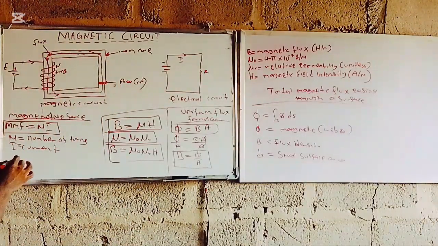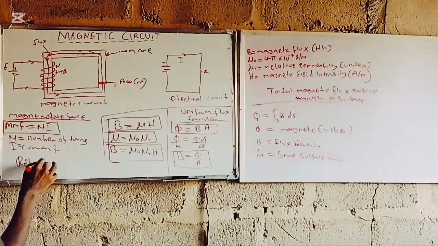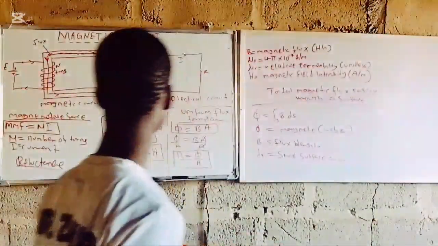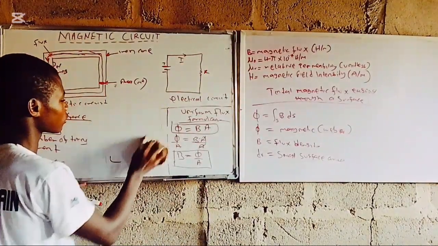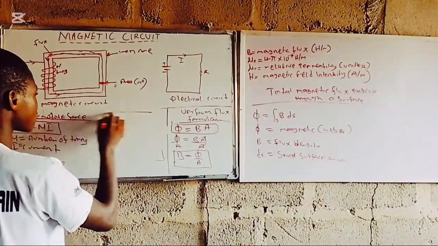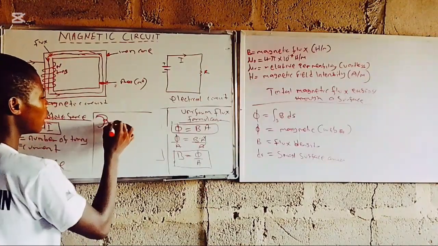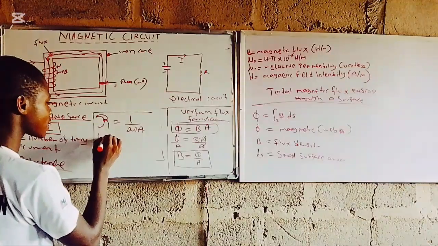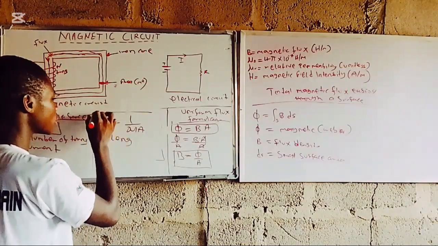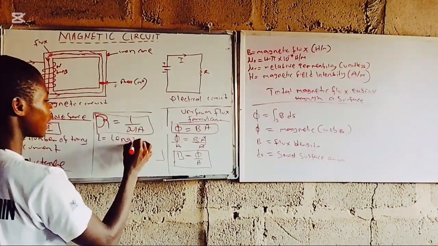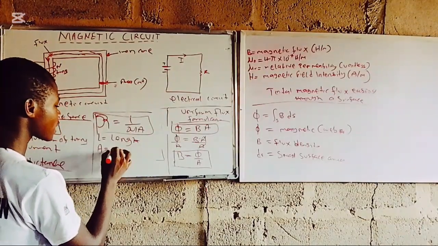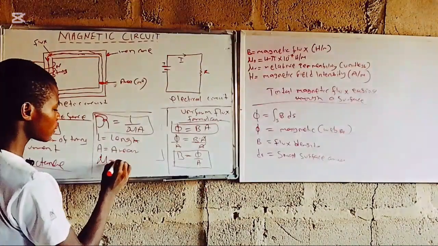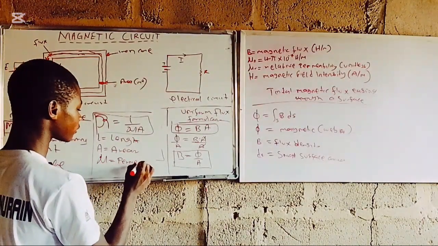So we have the reluctance. The reluctance is the same thing as L over mu A. This is the general formula, where L stands for the length, A stands for the area, and mu stands for the permeability.